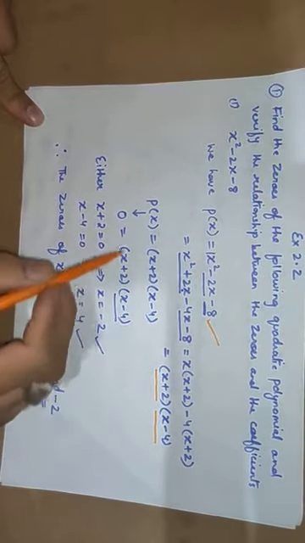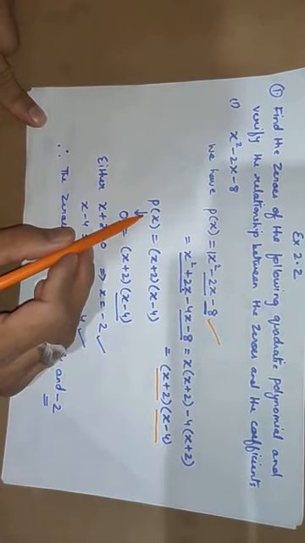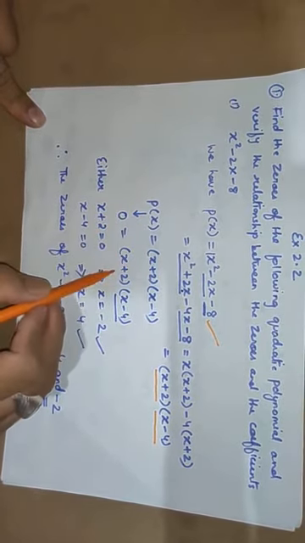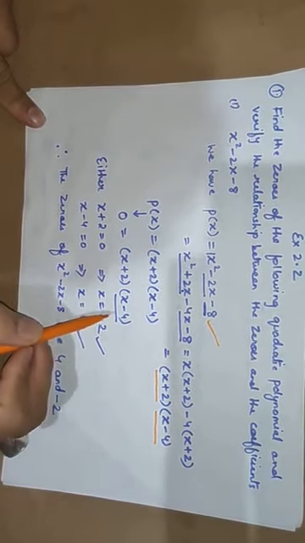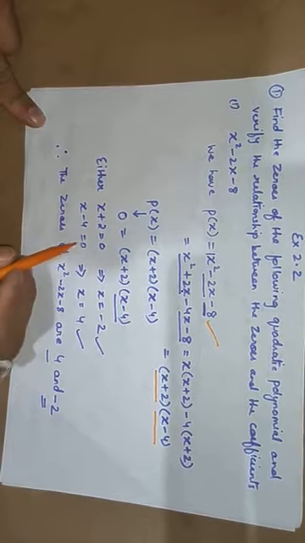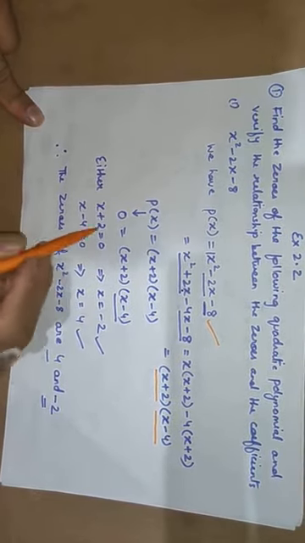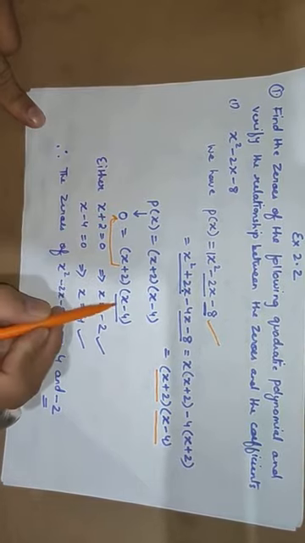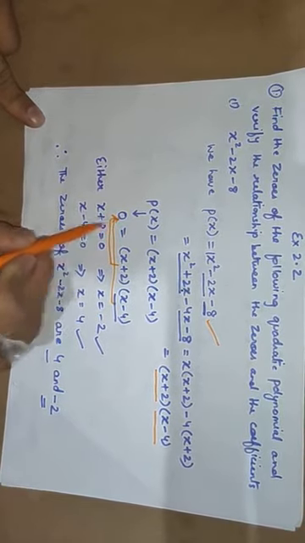To find the zeros, we put p(x) equals 0, which is the product of its factors, (x plus 2)(x minus 4), and to find the zeros we equate this factor to 0 and that factor to 0.